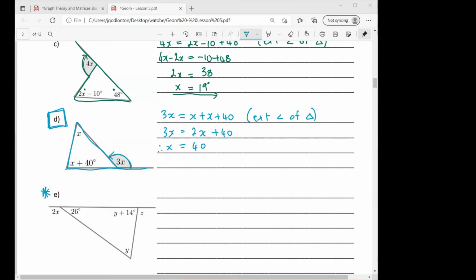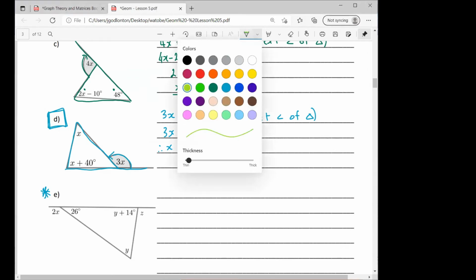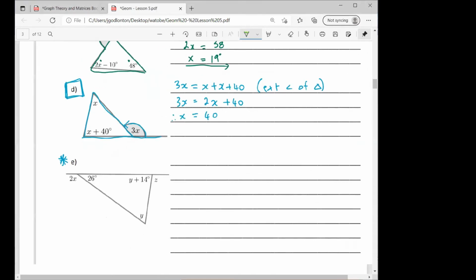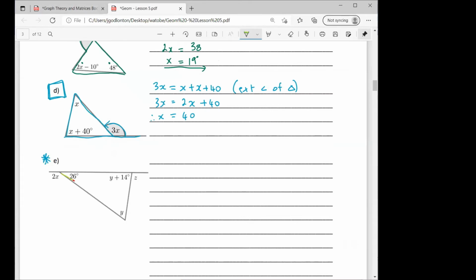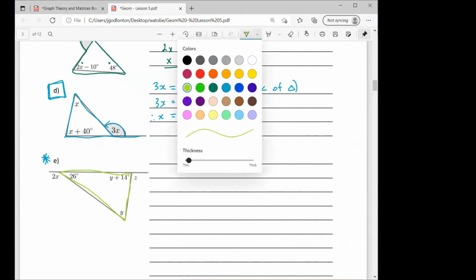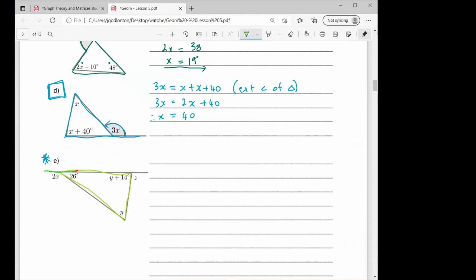All right, so let's go through what we've seen so far. Yes, that's amazing. Well done. Okay, so the first place that we could start, we could either start within this triangle here and find y, or we could start on this straight line here and find x. So I'm going to find x first. So I know that 2x plus 26 needs to equal 180 degrees because of angles on a straight line.